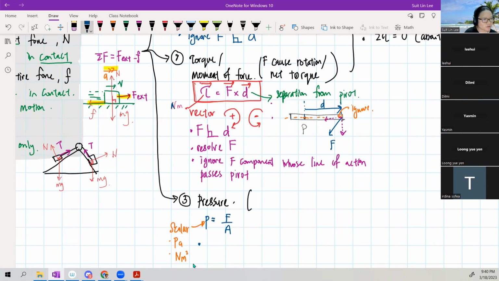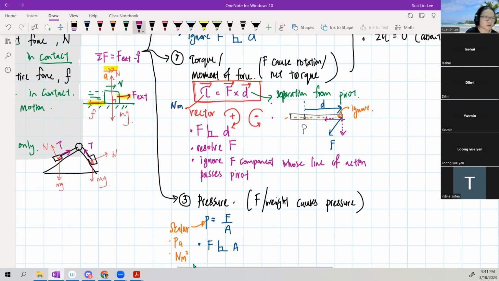Whenever we do this, the force and the area have to be perpendicular. So this force, or basically weight, causes pressure. But this weight here is the apparent weight.